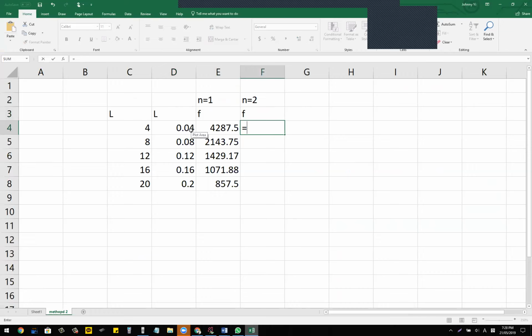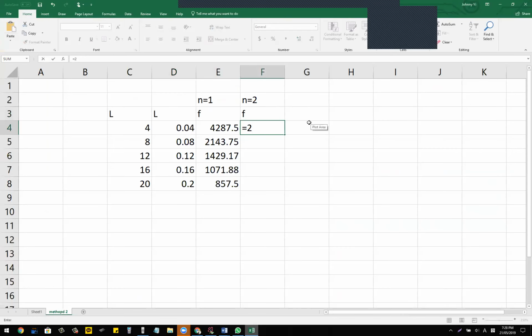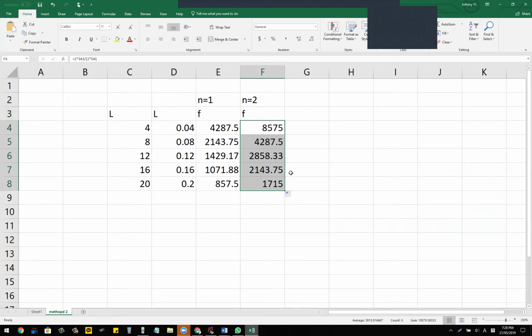So that's also the second harmonic, 2V, so 2 times 343 over 2 times that. So you get something like that, okay?